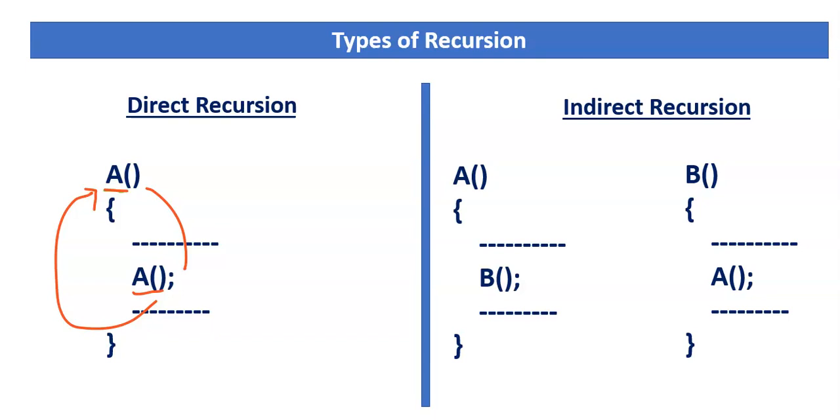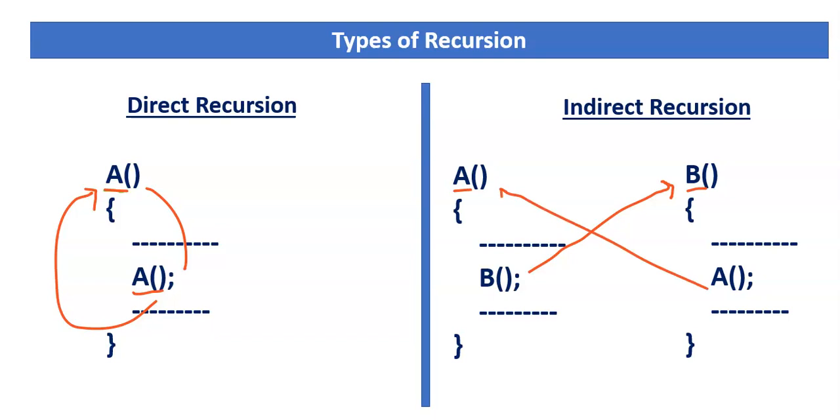But now observe here in the second case, indirect recursion. In this there are two functions, A function and B function. At one point of time A function is calling B function, and while B function is executing, at one point of time it is calling A function.